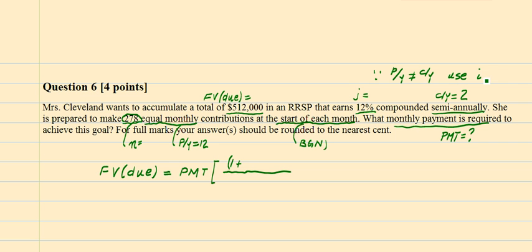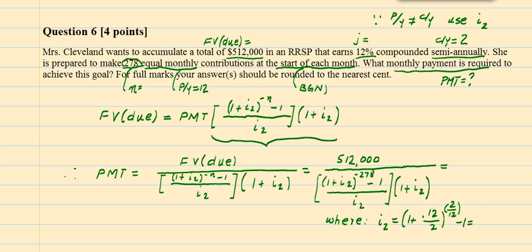So in our formula we're going to use I sub 2, so it's 1 plus I sub 2 to the n, minus 1, divided by I sub 2, and then times 1 plus I sub 2. And again, we're solving for payment, so we're dividing both sides by this factor. So if we rewrite this formula, solving for payment, we have to divide both sides by this factor, and then substituting values.